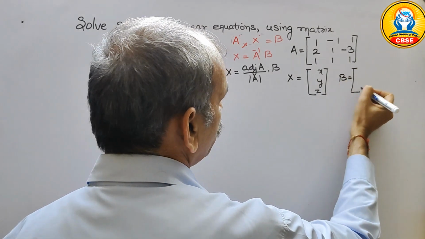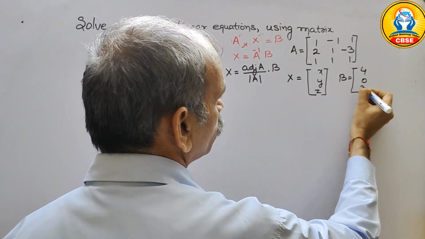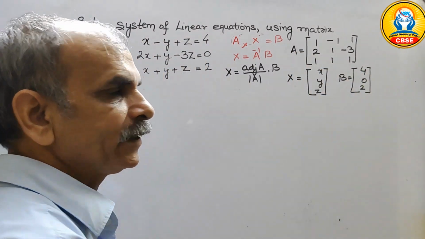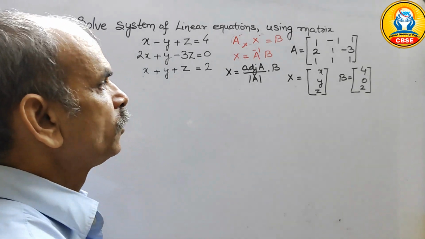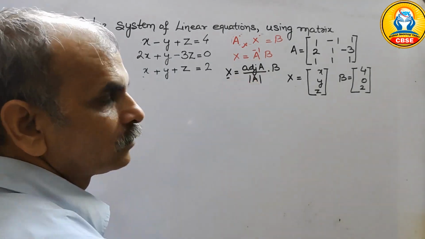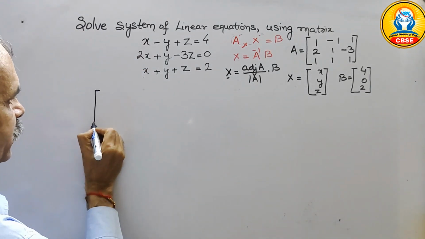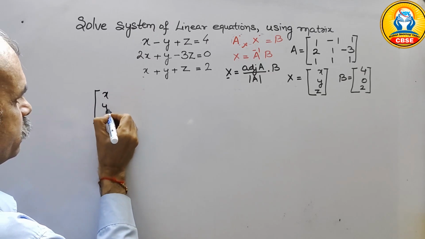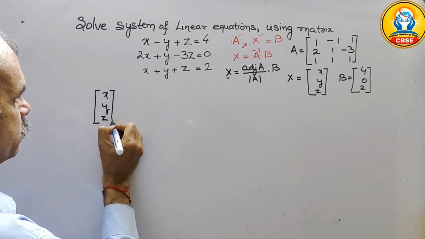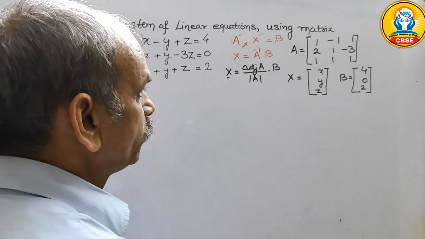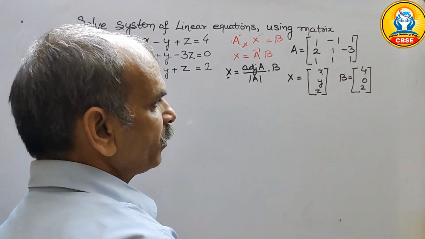So it will be 4, 0, 2. So this is your A, x and B. So here we will write the value x, y and z is equal to, now, adjoint A and determinant A.